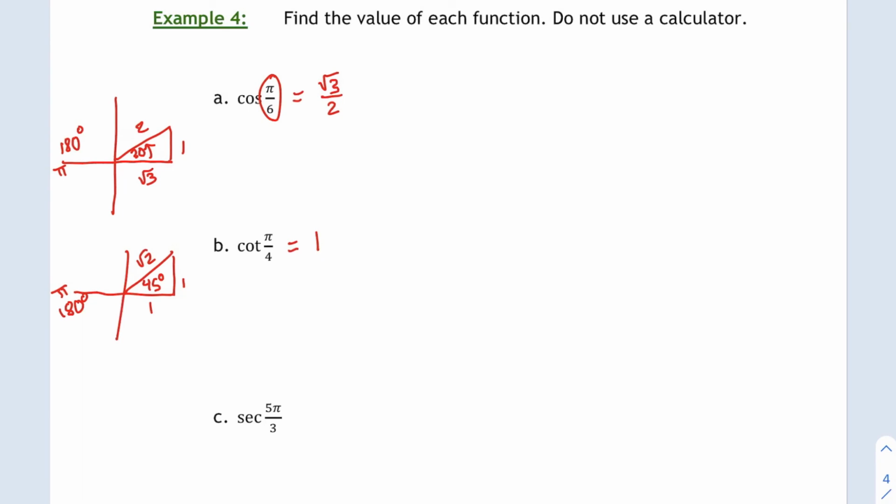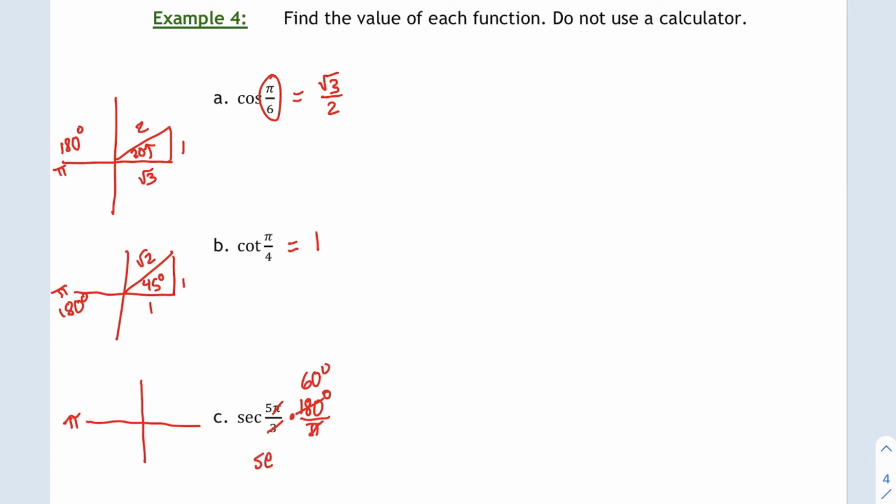Secant of 5 pi over 3 is a little bit harder to think about since it's down in quadrant 4. You could flip back and look at our picture, or you could multiply by 180 degrees over pi and convert it that way, and that would become 300. Our pi's will divide out.